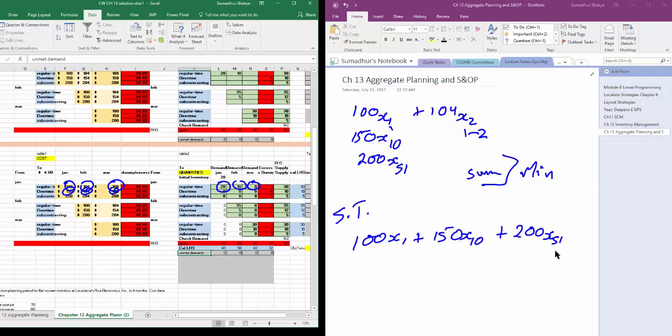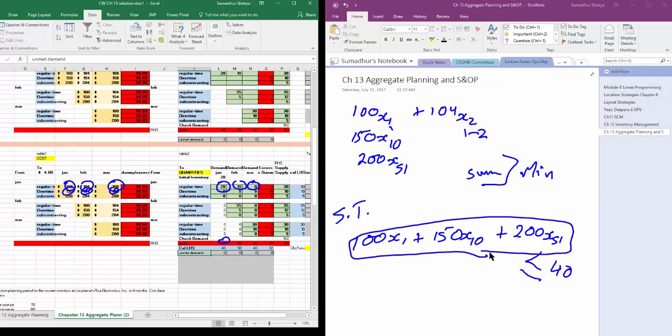This has to be less than or equal to the given number 40. So by changing these numbers, we would have this as the left hand side variable. This has to equal 40, which is represented in this cell, and the total overall function is represented in that yellow cell here.